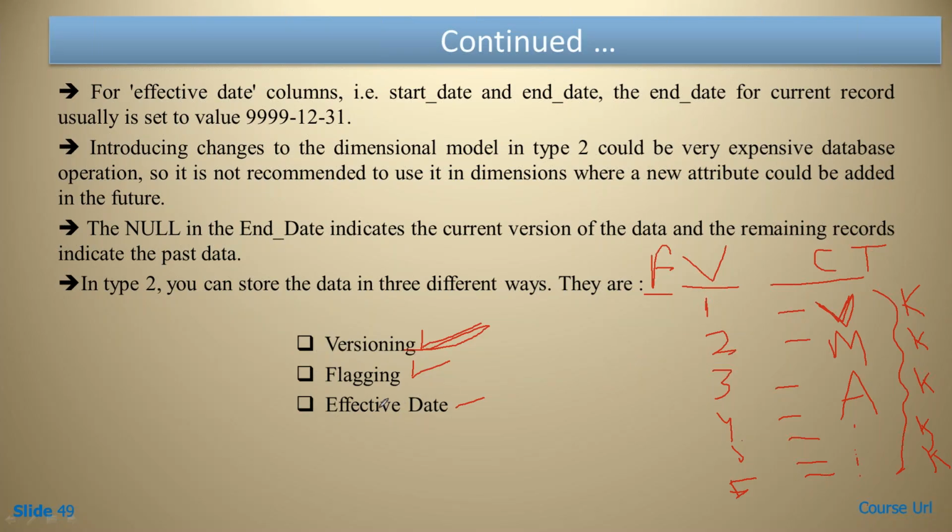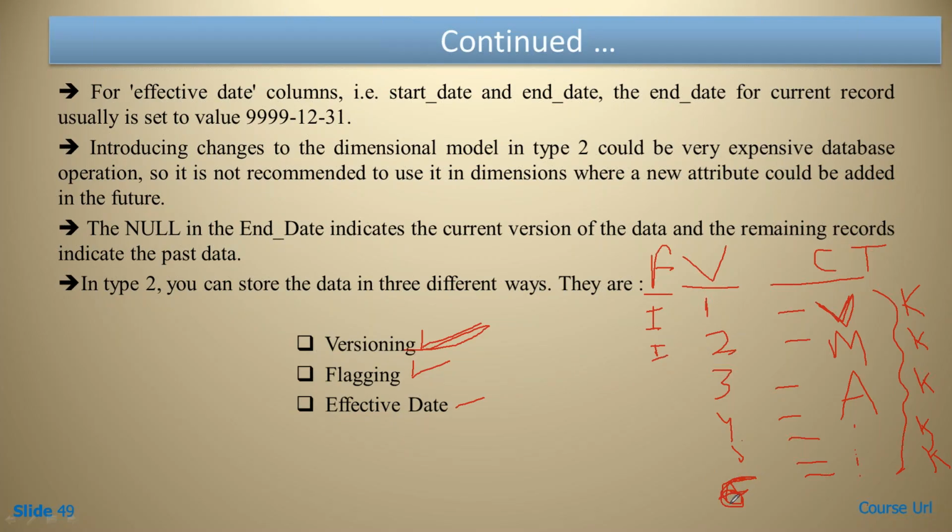In this flagging value, active means the one which you are using currently. Only for that will it display active status. Others will be mentioned as inactive because Kalyan is now using this 6th card.